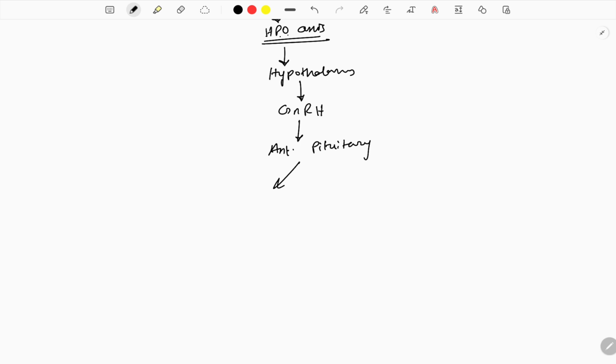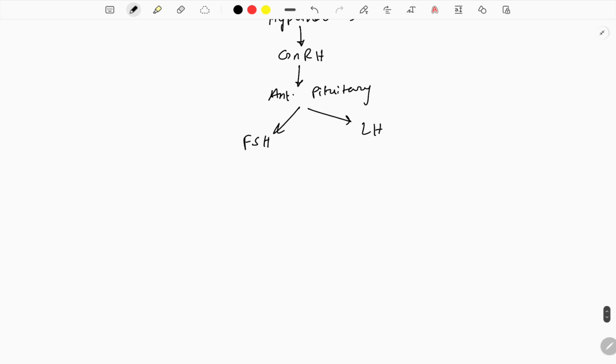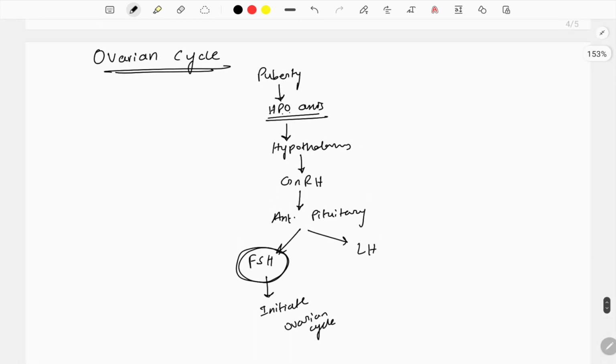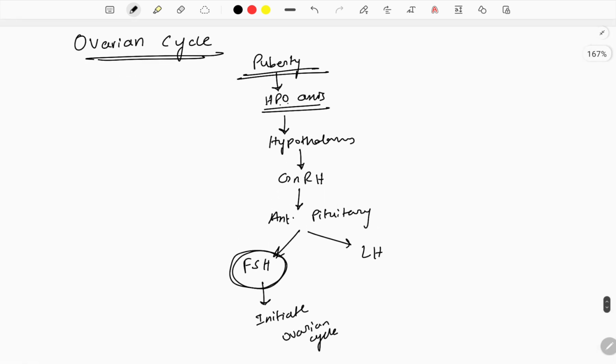This anterior pituitary now produces two hormones, which is FSH and LH. This FSH is the main hormone which initiates the ovarian cycle. All of this happens during the puberty.